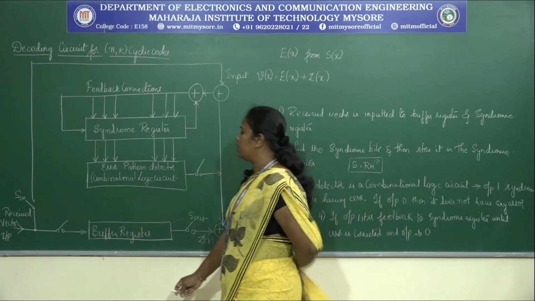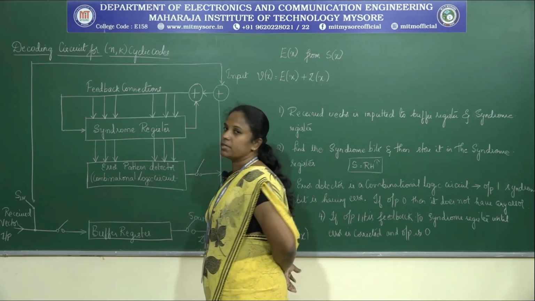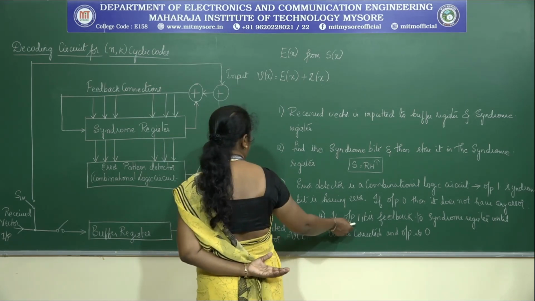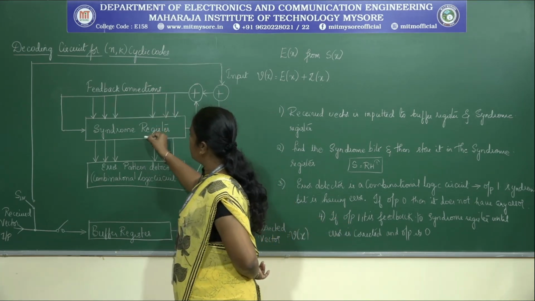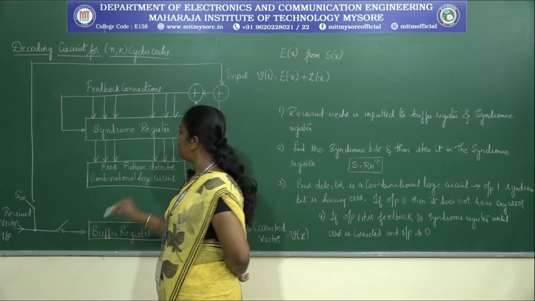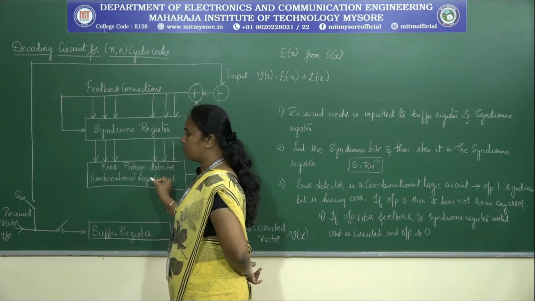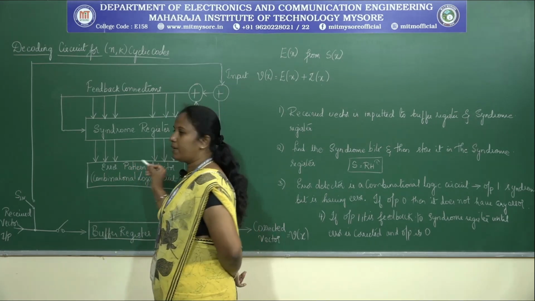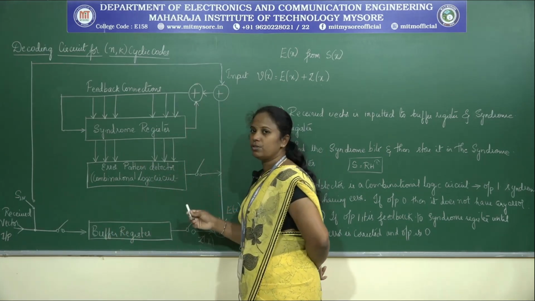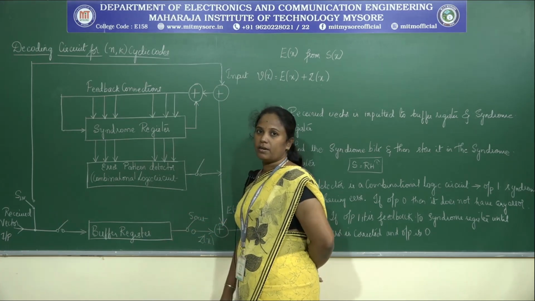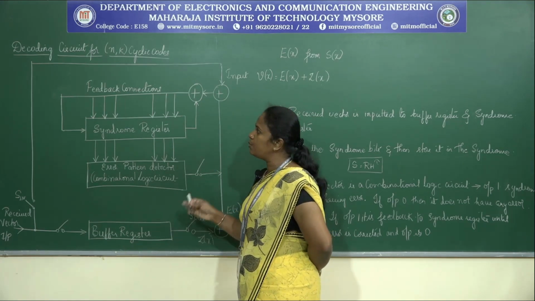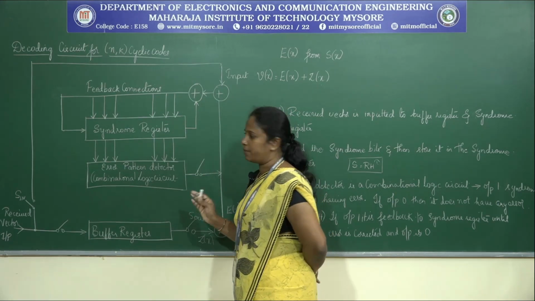So like this, it is going to check bit by bit, and depending upon if the output is 1, once again we have feedback connections here, it is fed back to your syndrome register, and then from the syndrome register it is once again given to your error pattern detector to correct the error, and then if the output is 0, we say that the received vector which was in error has been corrected. So this is the process we are going to do for your decoding operation.